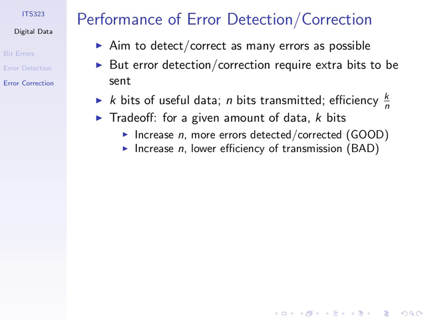Using forward error correction, the example we used in the slides, 2 bits of data, 5-bit code word, over a link which supports 1 megabit per second, what's our throughput? Calculate the throughput.